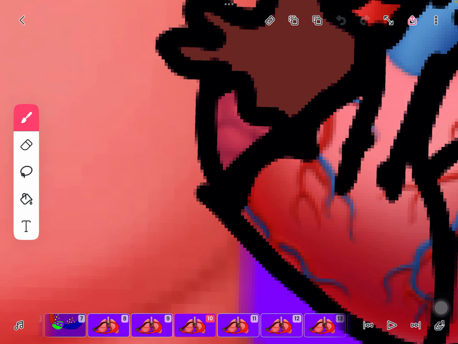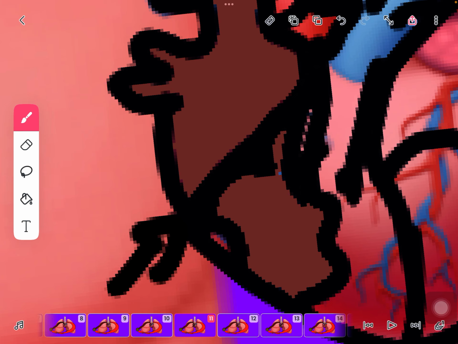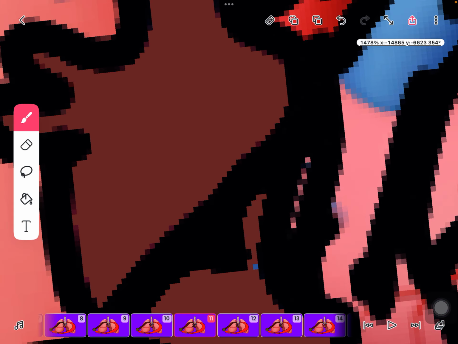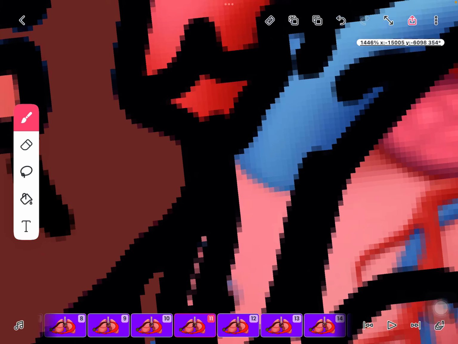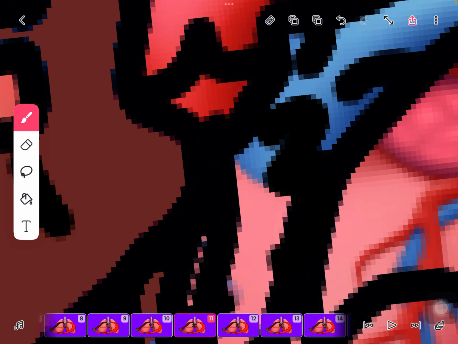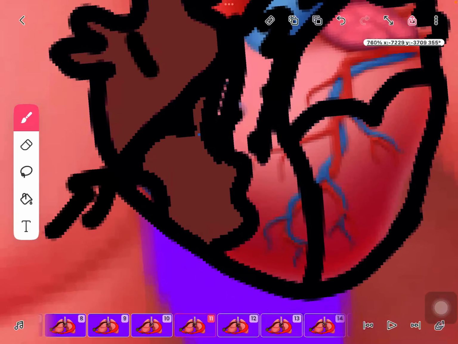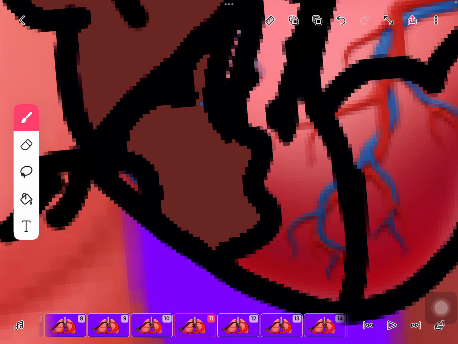Why is the tricuspid valve called the tricuspid valve? Because this valve is in between three places: right atrium, pulmonary vein, and right ventricle.